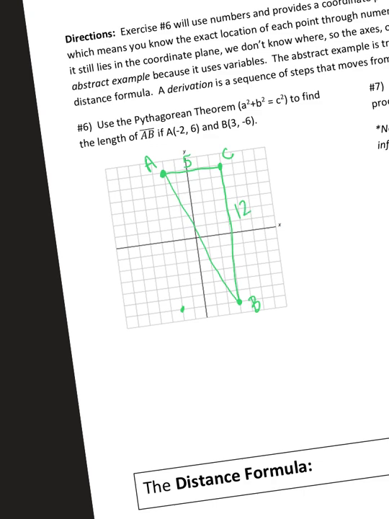Okay, now if you are using the skills that I shared with you in the prerequisite video, which are going to be really critical for number 7, then what we would want to do to find the horizontal change is find the difference in our x's.